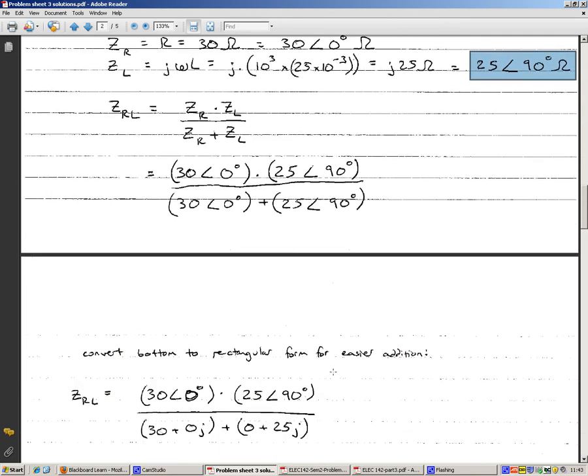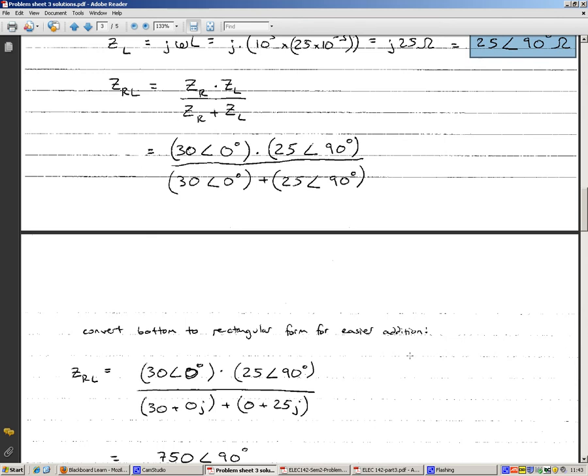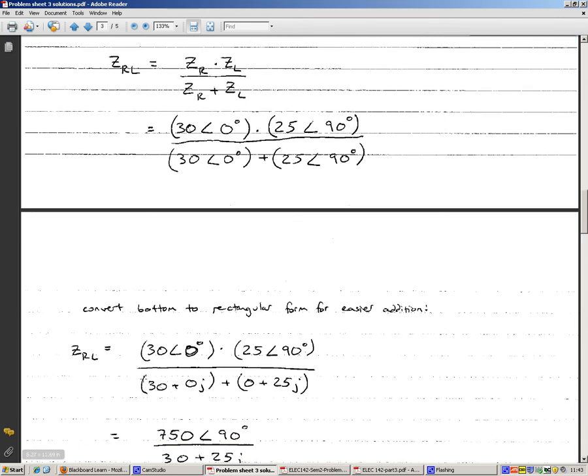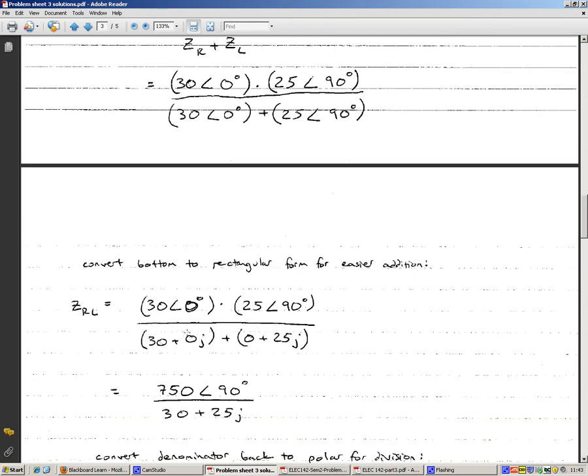Then we're going to convert the bottom to the rectangular form to perform the addition. So I've just done this on my calculator, and we end up with 30 plus 0j for the resistor, plus 0 plus 25j for the inductor. Then you can just perform the multiplication on the top and the addition on the bottom.